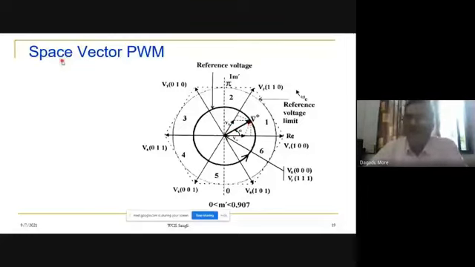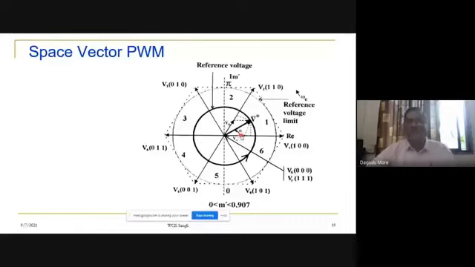And now, let us assume that we already know the switching states of the two-level inverter. We have 8 switching states. V1 is 100, which means S1, S6, and S2. Similarly, we have V2, V3, V4, V5, V6.